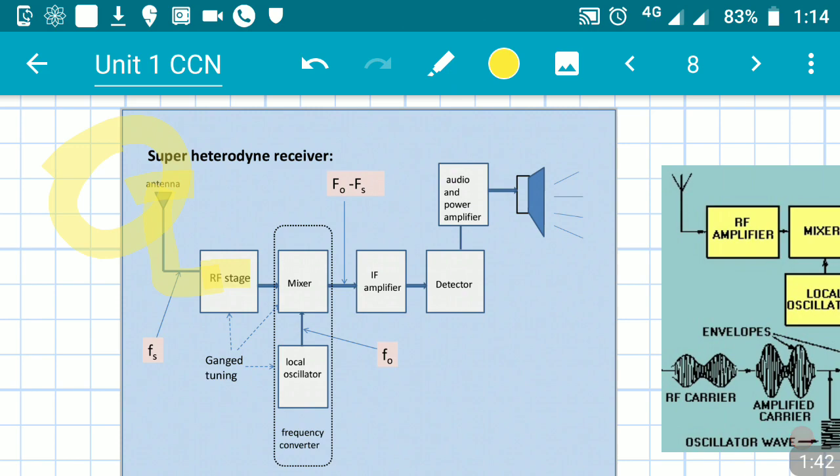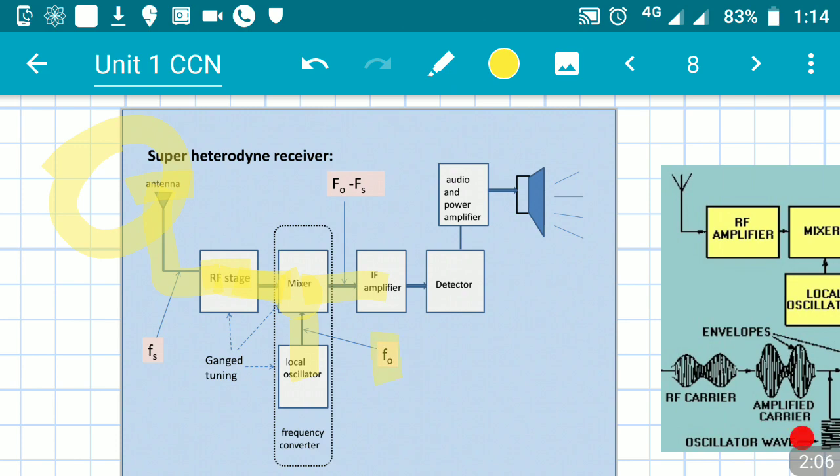Then the radio frequency amplifier amplifies the signal and it is given to the mixer. The function of this mixer is to take the signals from the RF stage and the signals from the local oscillator, mix them up, and give out one intermediate frequency. The intermediate frequency is generated like this.